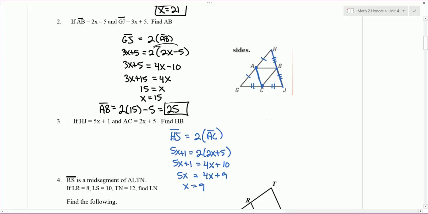Either way, I'm going to go after HJ first. So HJ is 5 times x plus 1, so it's 45 plus 1 is 46. And so then HB, just from the picture, is half of that, which is 23 units.